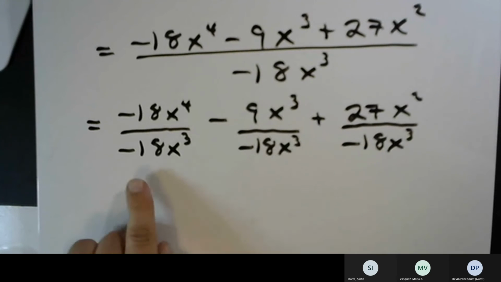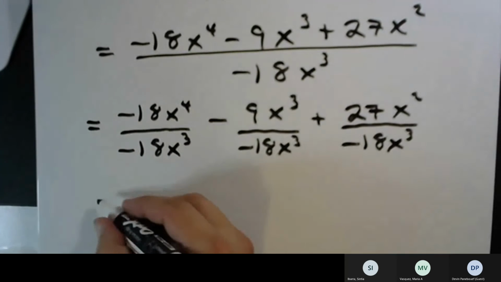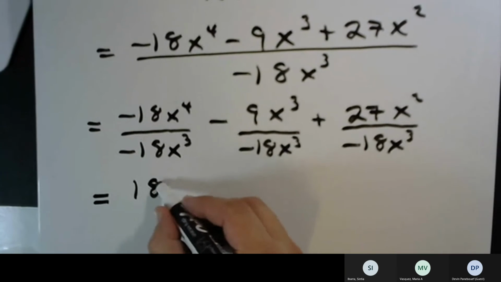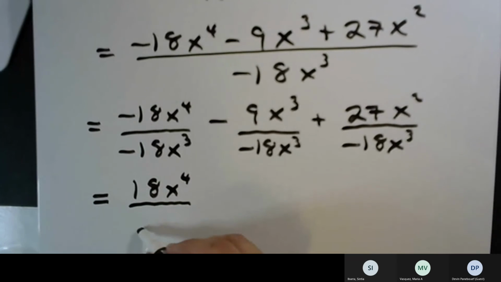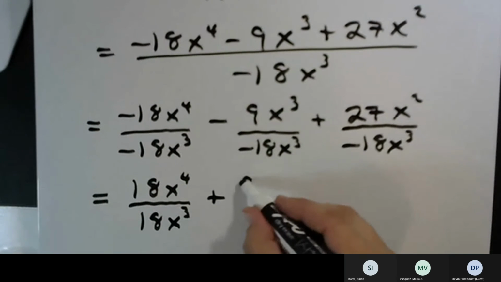And we can simplify these signs here. Negative and negative is going to be positive. Again, negative and negative will be positive.